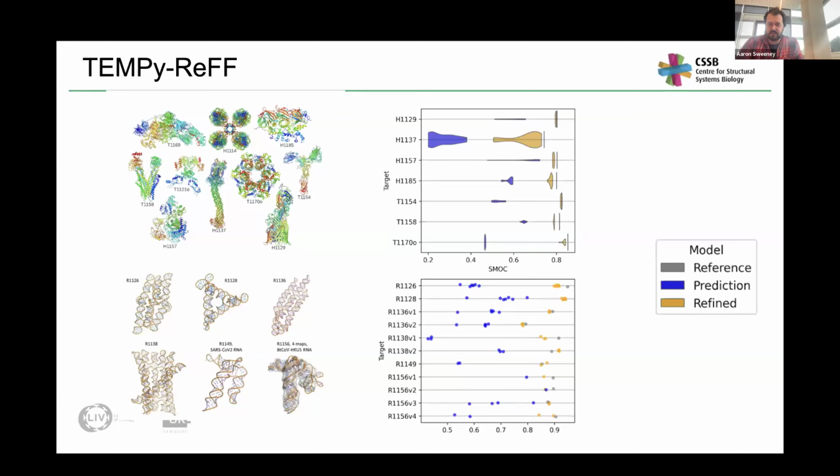What's interesting here is that after refinement, some of the structures actually had better SMOC scores than the target structure, which is really nice to see. This is particularly interesting given that many of the predictions seemed quite off, at least compared to the protein structures, because RNA structure prediction is a much newer field.